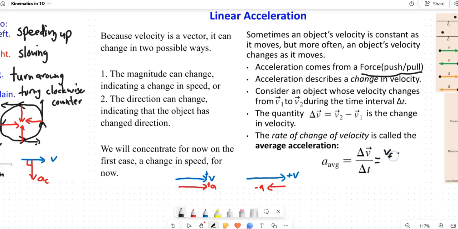If your final linear velocity is different from your initial linear velocity, well then your velocity changed, which something had to cause, a push or a pull, and that is what acceleration is. So that's how velocity and acceleration are different from each other. They're two different vectors that are adding together or subtracting together, changing that initial velocity vector to a new final velocity. Okay?